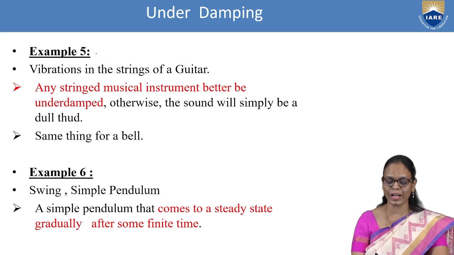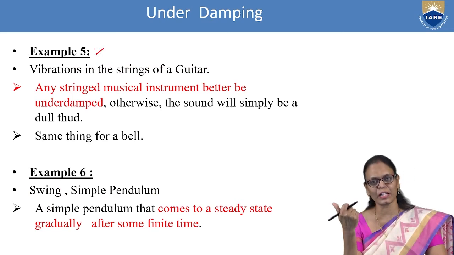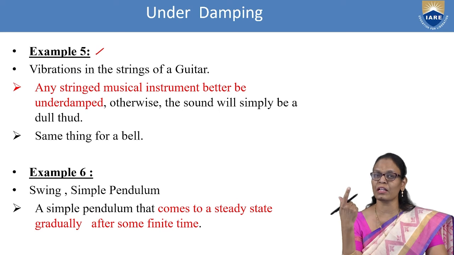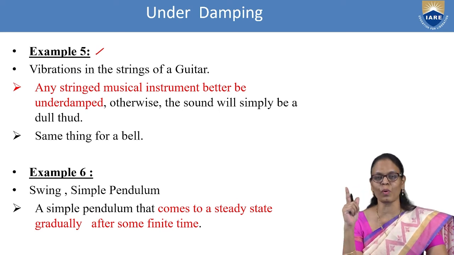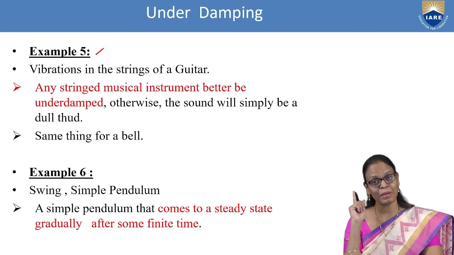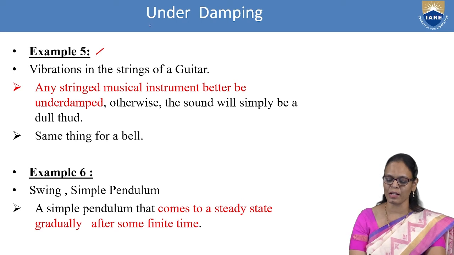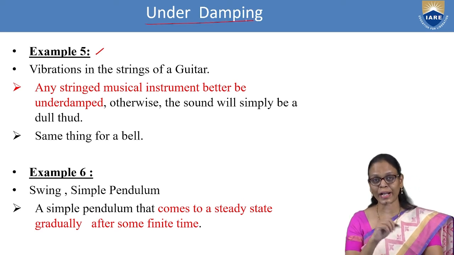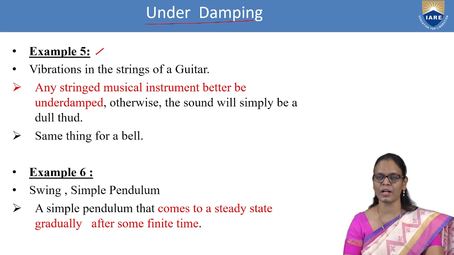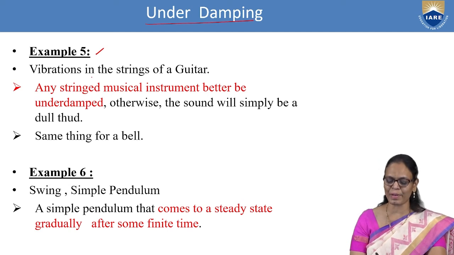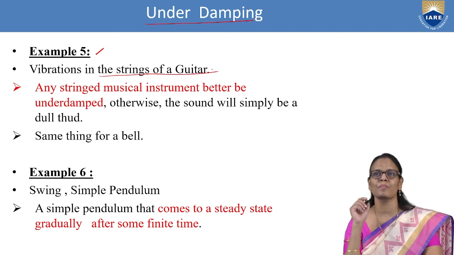Now the example 5. We have seen the examples where we need critical damping and where we need overdamping. So do you think that damping is very much required? No. There may be some cases where we don't need any damping, which we call underdamping. Why damping is not required, we'll try to understand. For example, the vibrations of the strings in a guitar.